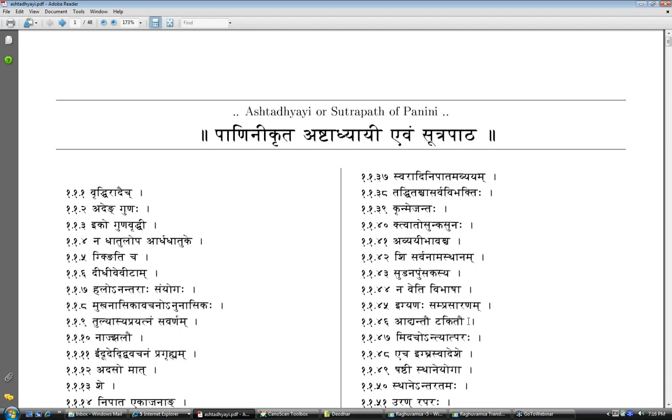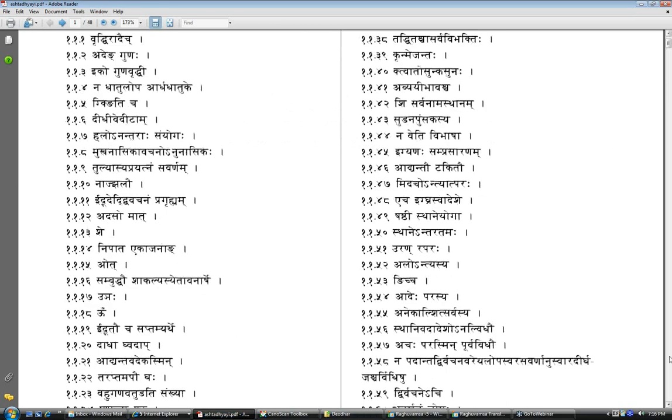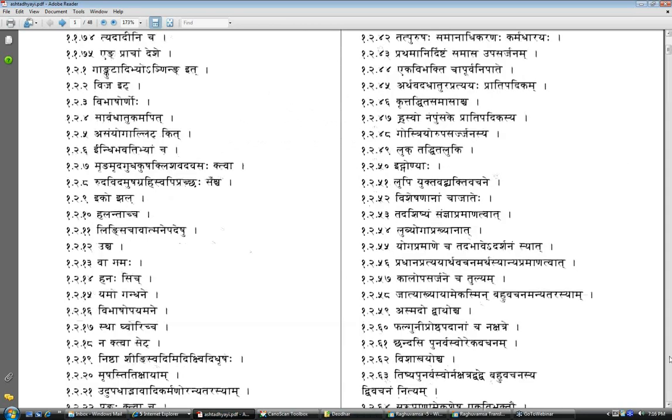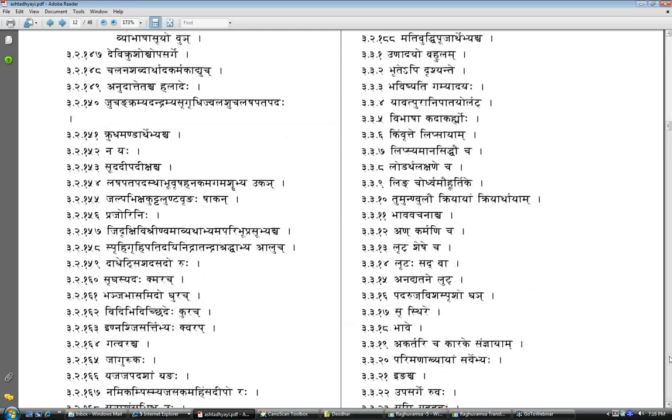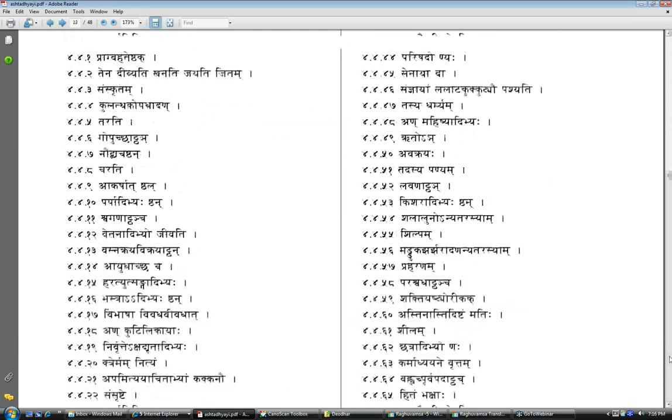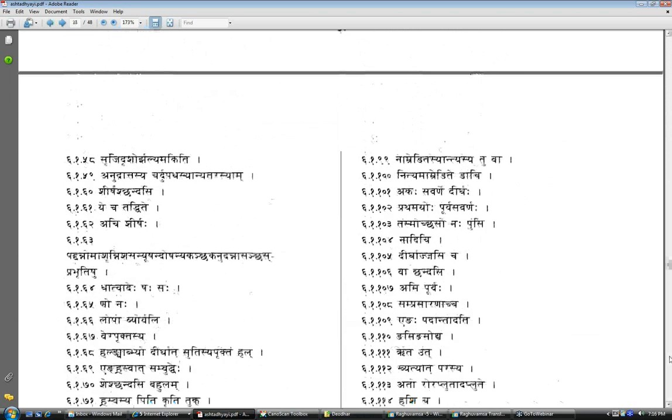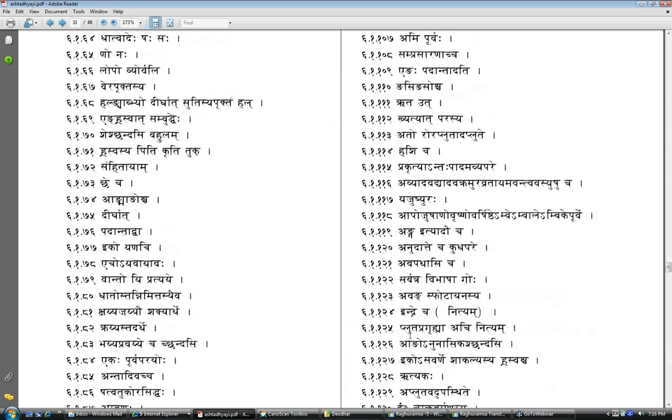So 6.1.125 then tells us that they will become Prakritya, meaning they will stay in their natural state. So that is 6.1.125. Pluta Pragrihya Achi Nityam, 6.1.125, here it is. So 1.1.11 plus 6.1.125. This sutram has, I think, only one example in the Gita, in the 13th chapter.